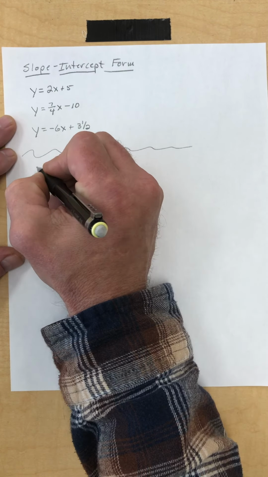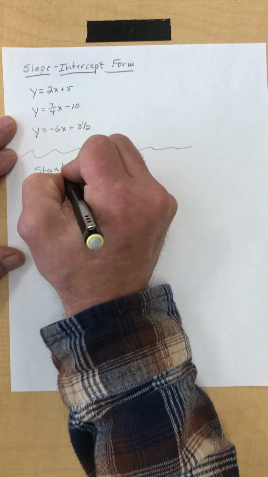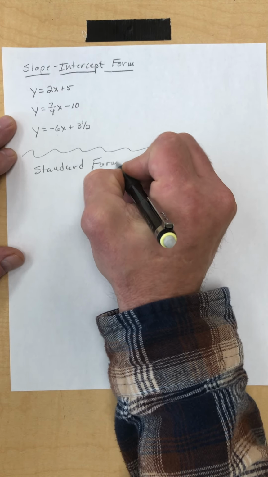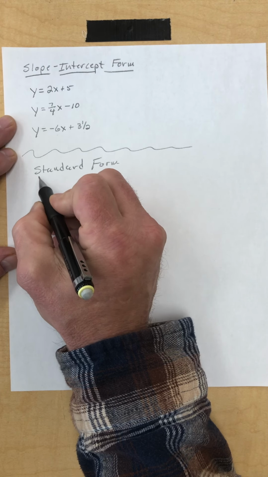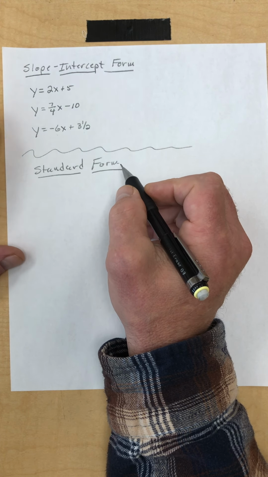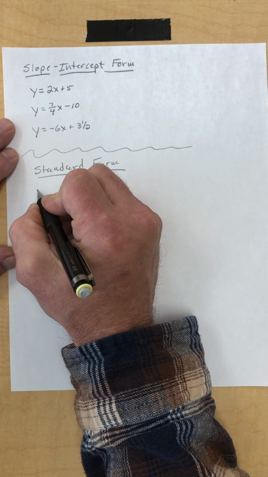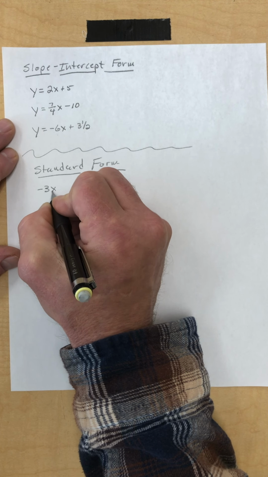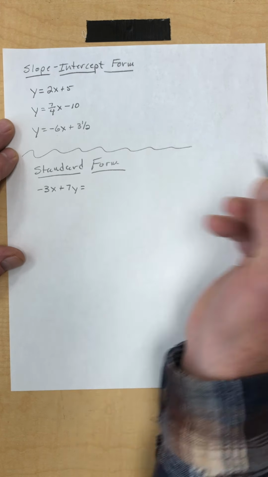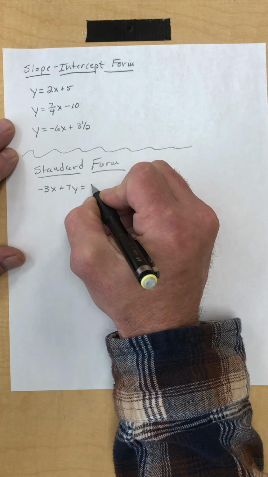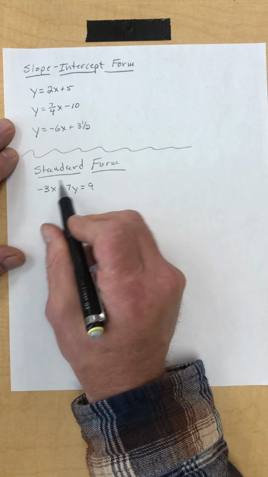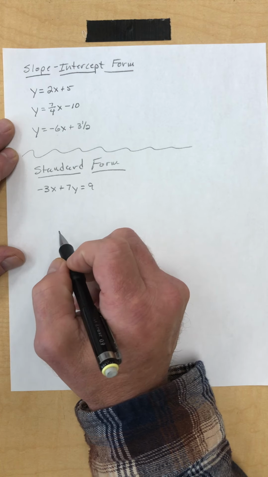Now, standard form is entirely different. You have to have a term with x and a term with y on the left-hand side. So we might have something like negative 3x plus 7y equals, and there's a constant on the right-hand side, I don't know, 9. Notice that we have nothing but integers. You can't have any fractions or decimals.